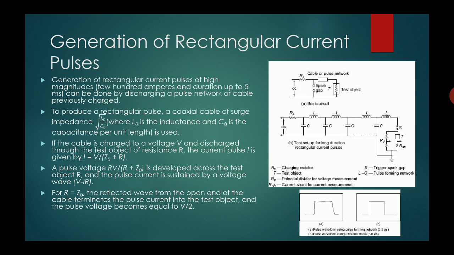If the voltage is a pulse voltage, the current will also be a pulse. A pulse voltage of RV divided by R plus Z0 is developed across the test object R, and the pulse current is sustained by a voltage wave V - IR. So you can see the pulse circuit, and this is how the pulse waveform is generated.